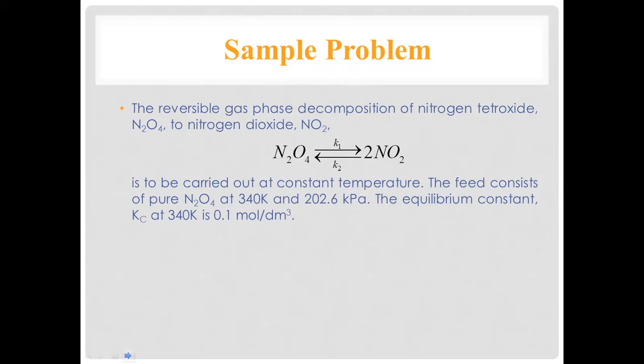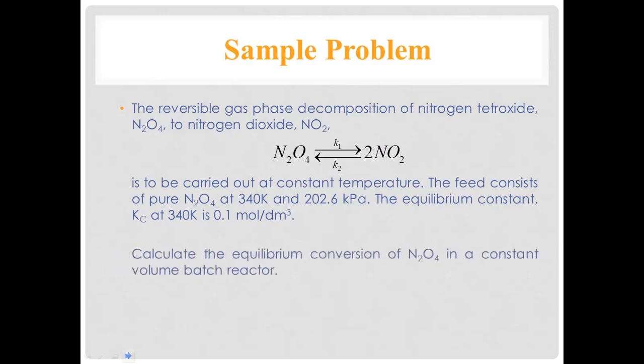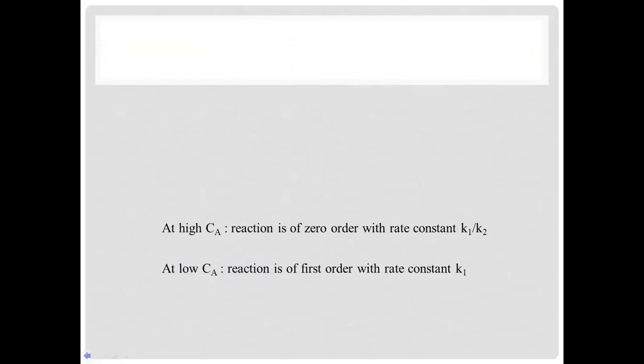Your equilibrium constant, K sub C, at the temperature of 340 Kelvin is 0.1 mole per decimeter cube. So calculate the equilibrium conversion of dinitrogen tetraoxide in a constant volume batch reactor. So that's the required information.